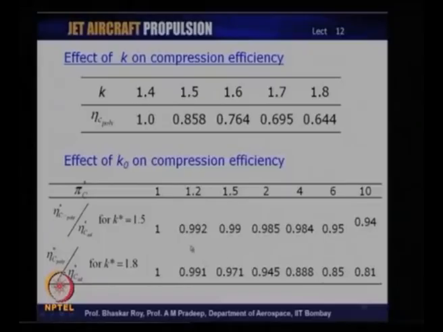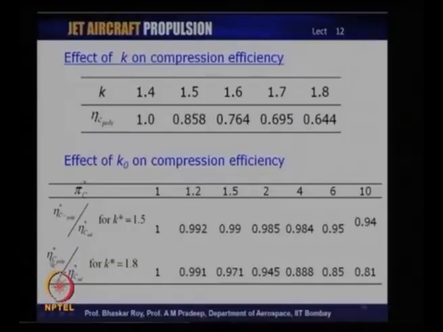But once the compression ratio increases from 1.2, 1.5, which are stage pressure ratios, and then multi-stage pressure ratios of 2, 4, 6 and 10, for a value of k 0, for example, of 1.5, the efficiencies would start falling, and we can see that the efficiency falls all the way to 94%.